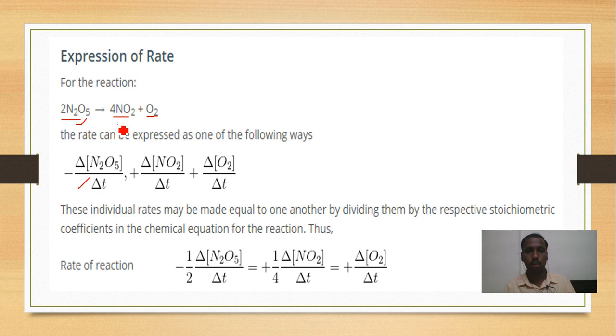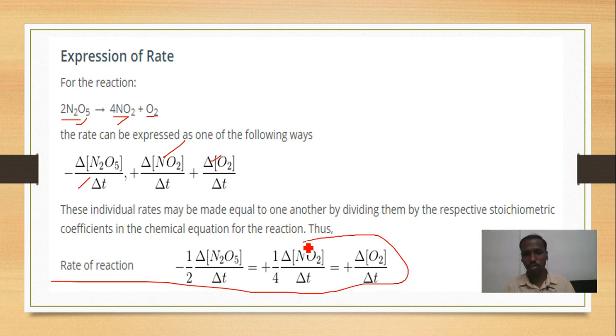With respect to products, we can express like this. If I divide all these individual rates by the stoichiometric coefficients, finally the rate of reaction becomes like this. So, the final rate of reaction we can express like this.